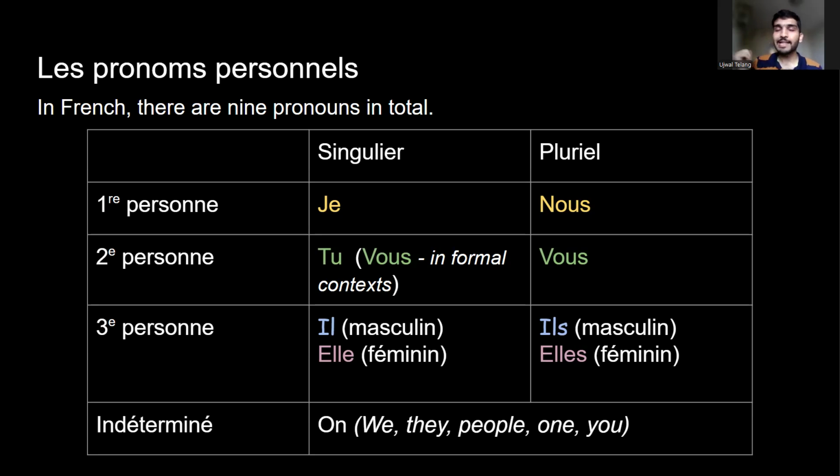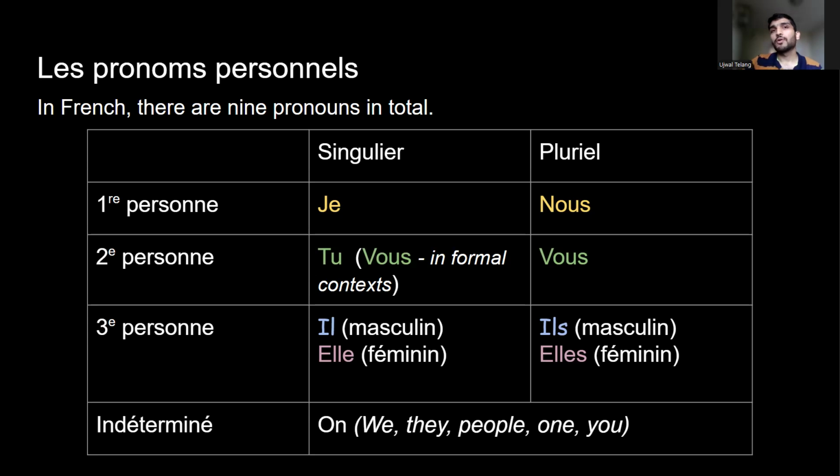And then we have ils and elles. Okay. So ils is when I'm talking about a group of males. Okay. Or it can be a group of males and females.